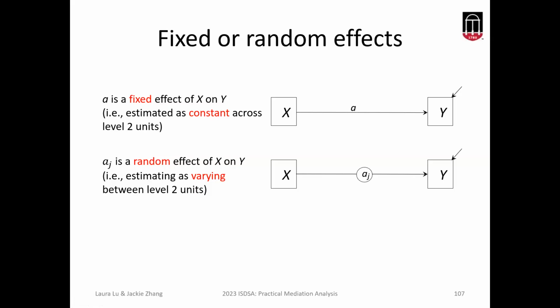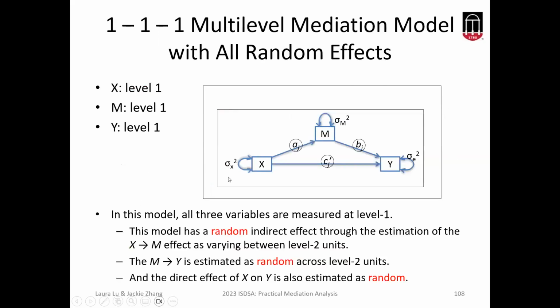If we just consider one classroom, then that coefficient A or B or C is fixed, is constant. But now we have multiple classrooms, so the coefficient A or B or C becomes random. We use this to show it is a random effect, and we add j. What does that mean? Based on different j, different level 2 units, the A value will be different. It is a random variable. It varies between level 2 units.